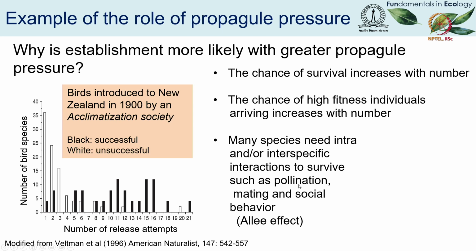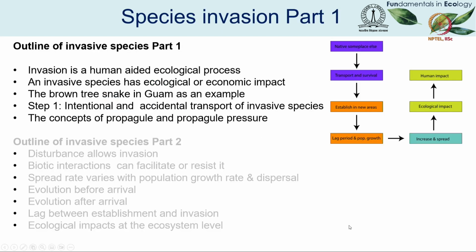And also, as you're introducing species, you may introduce the species that they're dependent on, such as their pollinator. So if you keep introducing more and more things, you might end up also introducing their pollinators. You introduce larger groups so that they can have the social interactions they need, and then they're able to become invasive.